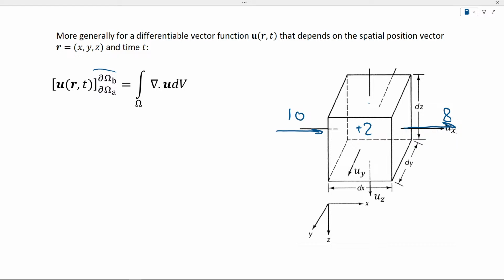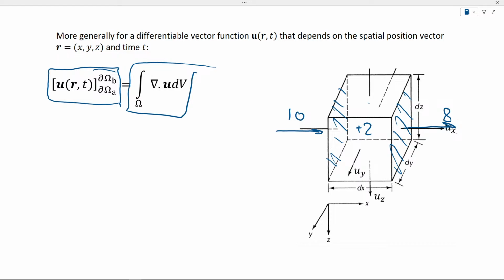So the fluxes across the surface, this 10 and this 8, are expressed by this term. What is accumulating here, whether it's a source or a sink, is described by this term. So let's say 8 is entering here and 10 is leaving here.